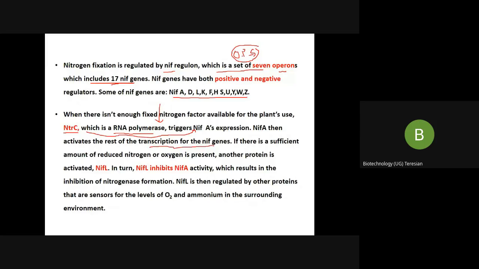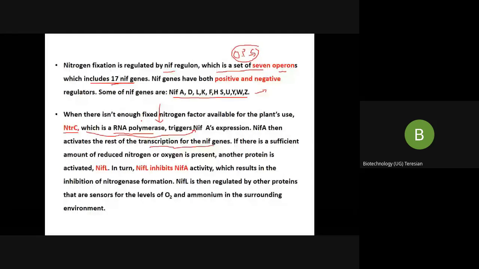I told you they are under single regulon control. All these genes are controlled by a single regulon molecule. So what does this RNA polymerase NTRC do? It tells that there is no fixed nitrogen in the plant and we have to fix the nitrogen.